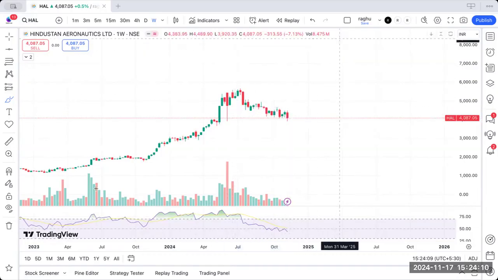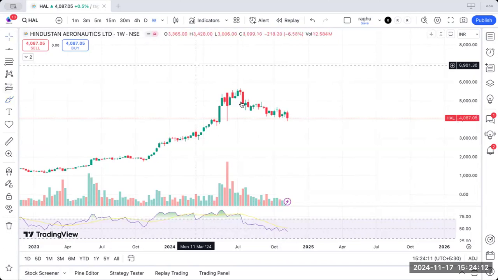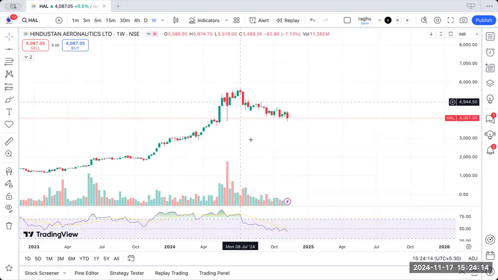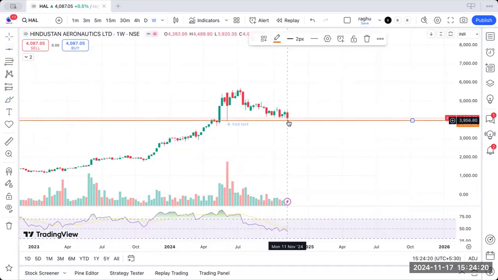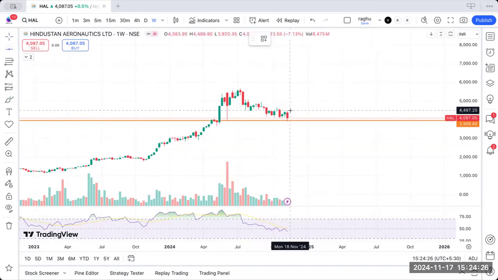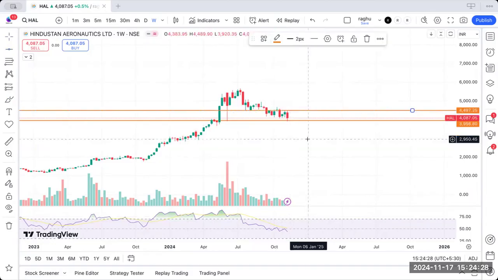Now, how do we plan our analysis on the price action? This is the weekly time frame. The first part, we will mark our top and bottom of the range. This is the weekly single candle range, and we will mark the top of that single candle range. This is the first part.